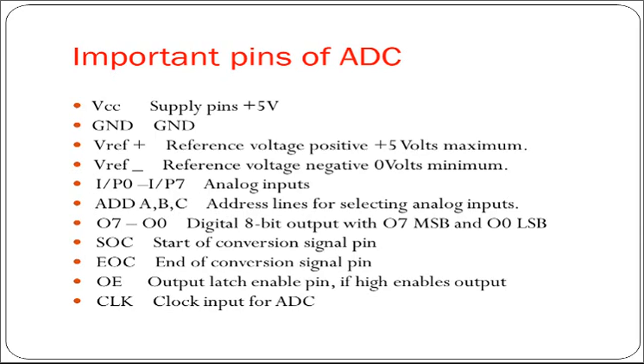Then the input signals IN0 to IN7, address lines A, B, C, the output lines O7 to O0, a start of conversion pin, an end of conversion pin, an output latch enable pin which, if high, enables the output, and the clock input for the ADC.